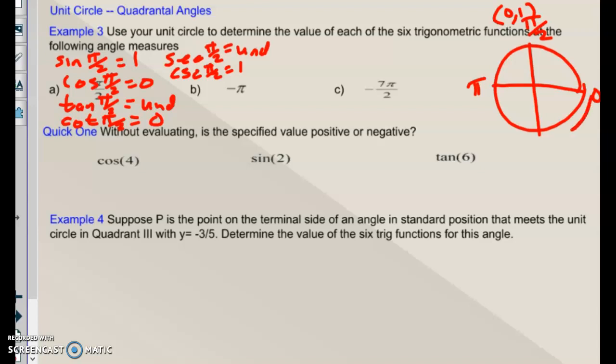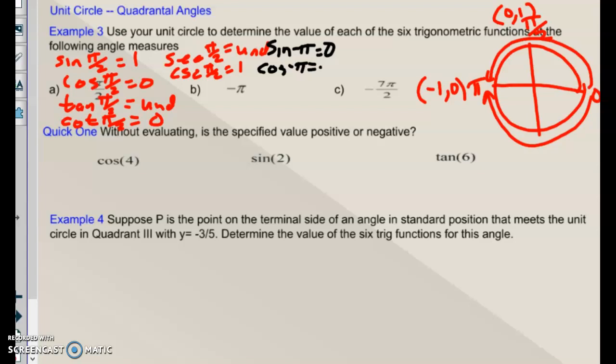So we're going to do the same thing over here at pi, because negative pi means I'm going this way around. Or if I go this way around, they are called coterminal angles, and they end up being at the same point. Well, this point out here, my x value is -1, my y value is 0. So I know that my sine at -pi, which is the same as pi, is going to be equal to 0, because the sine is the y, the cosine is the x.